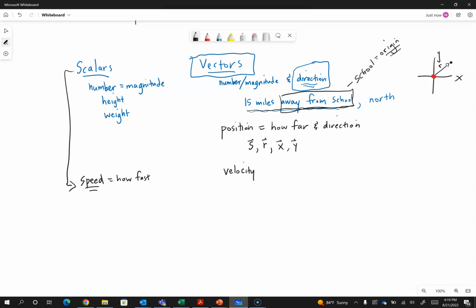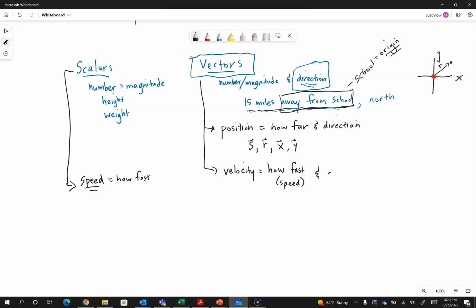Speed and velocity are not the same thing in physics. They are most definitely related. Velocity, because it is a vector, just like position is a vector, it has to have a numerical value, a magnitude. By magnitude, we mean an absolute value, so just how fast. So the magnitude or the numerical value of velocity is the speed, so how fast.